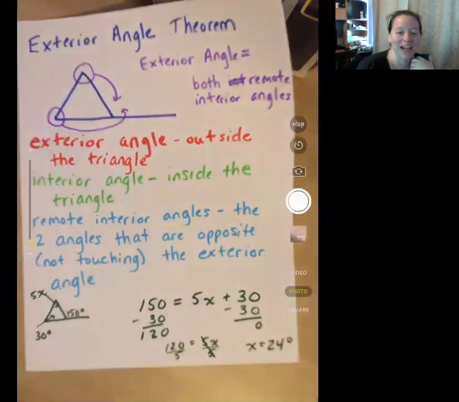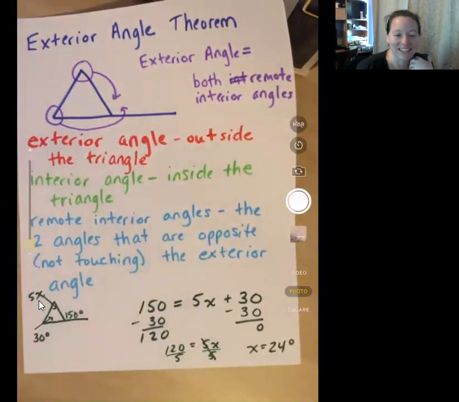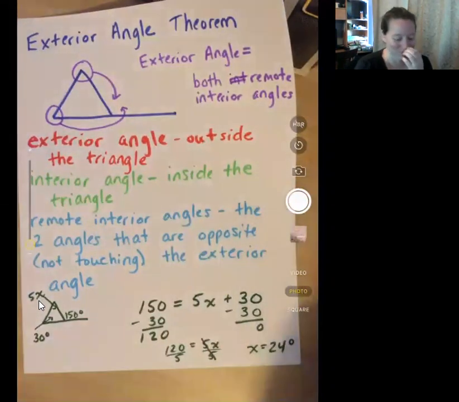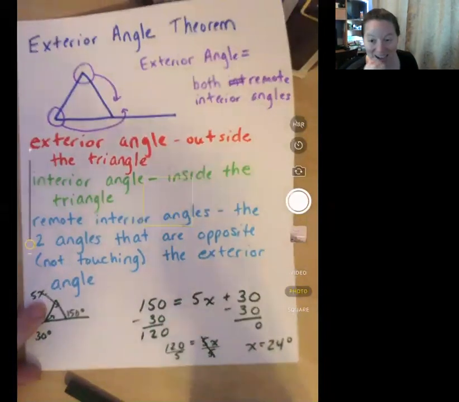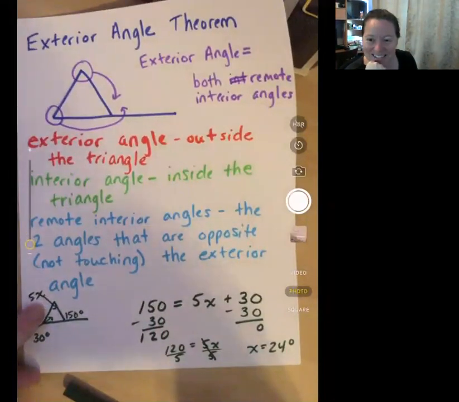And if we plug it back into here, so we have the 5 times x, I end up with this particular angle up here, the little itty bitty angle, being equal to 120 degrees.